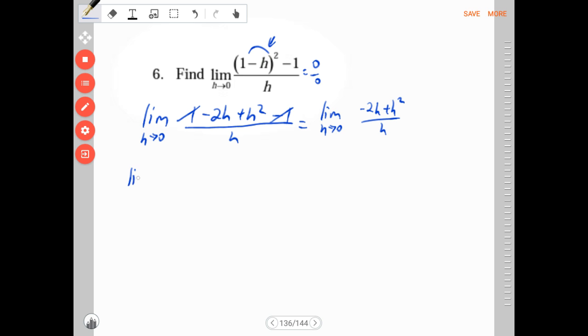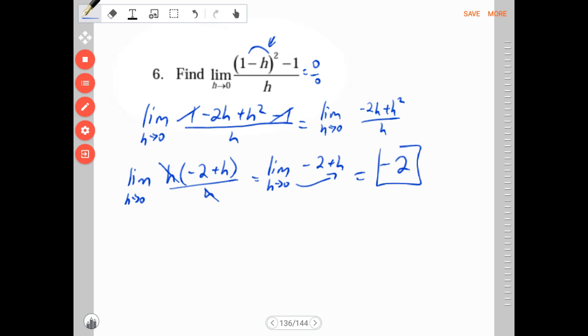So of course that factors: the limit as h approaches 0 of h times negative 2 plus h over h. So there the h's cancel. So we get the limit as h approaches 0 of negative 2 plus h, so the 0 over 0 canceled. So this one, just substitute the 0 into there. Negative 2 plus 0 is just negative 2. All right, so that's that one.